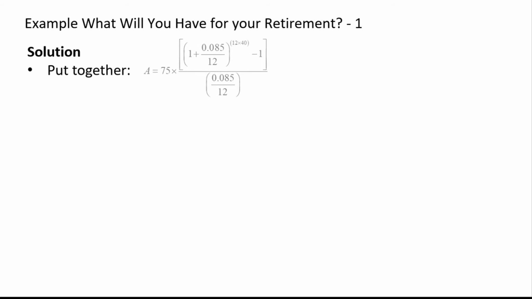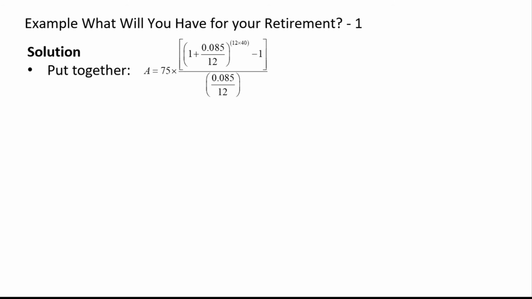We would write A equals 75 is going in the place of payment, times, and then bracket, and then open parenthesis, 1 plus 0.085, which is your APR, divided by 12, which is N, raised to the power of N, which is 12, times Y, which is 40, and all of that minus 1, close bracket, divide that by the quantity 0.085 divided by 12. This can get overwhelming very fast. Take your time. Do each of the steps.